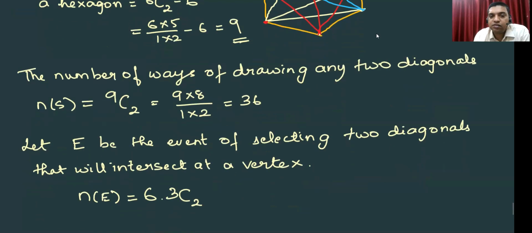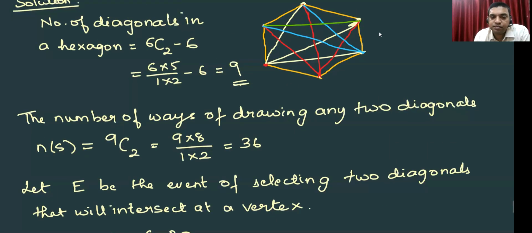Sir, I actually did this before. The logic was that the intersection of the diagonals will be inside the hexagon only if 4 unique points are taken to draw the diagonals. So that can be done with 4 distinct points, and that can be done in 6C4 ways.